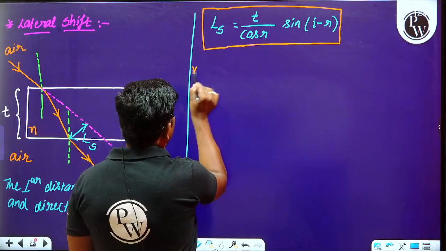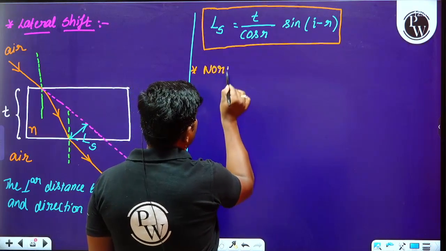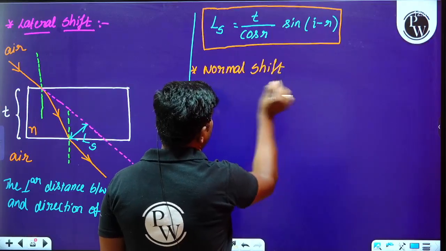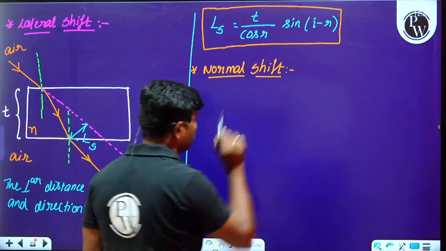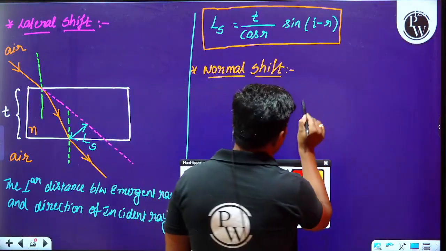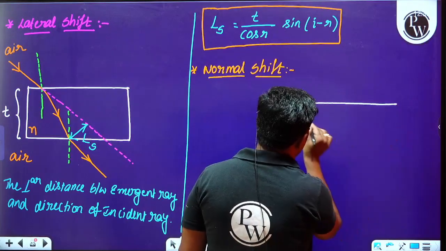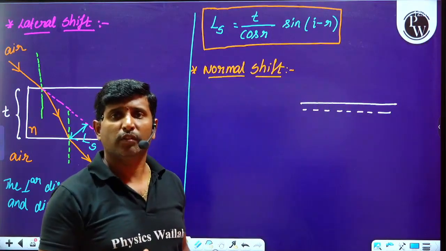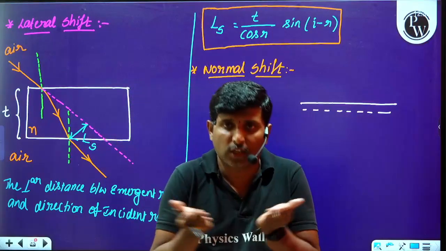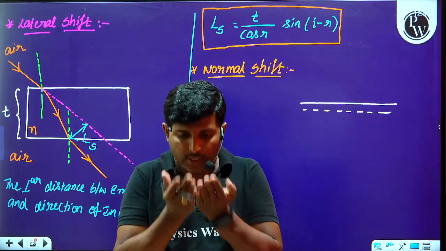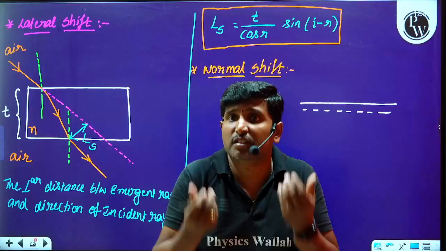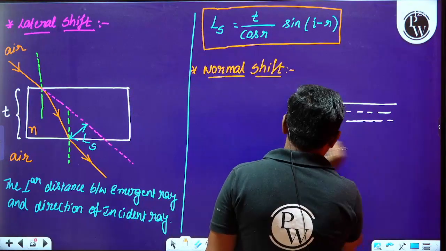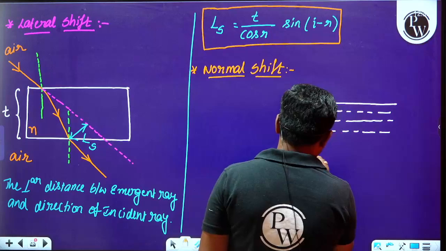Later we have to understand the next point, that is the normal shift. Let us consider the water medium, because usually normal shift can be observed when there is water in a beaker, or in a tank, or any solid surface.